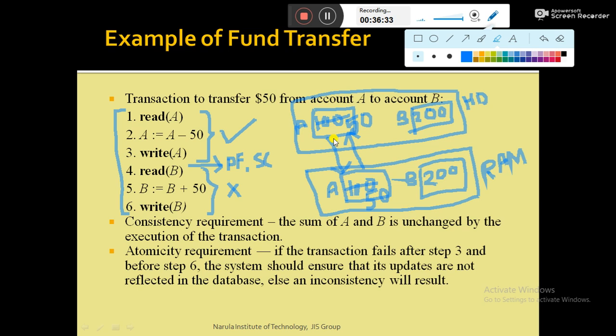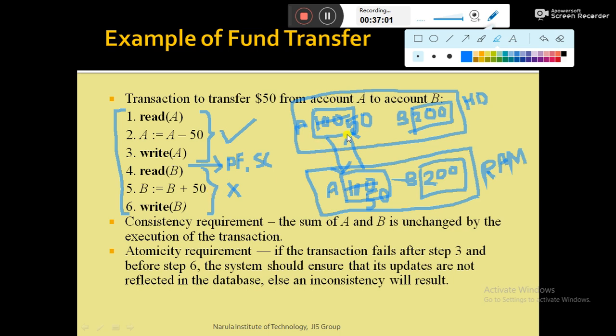So what happened? The database becomes inconsistent. Why does it become inconsistent in that case? Due to power failure, or it may be due to system crash, the transaction is not able to complete its execution successfully, and that is why some partial instructions are executed and some are not able to be executed.